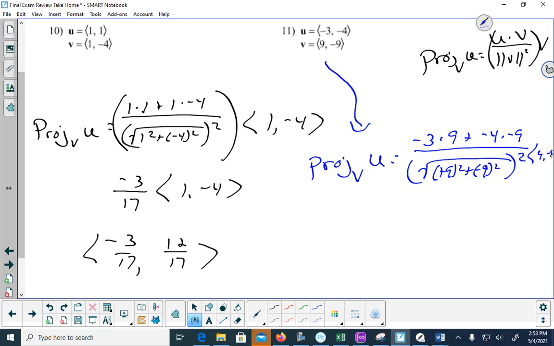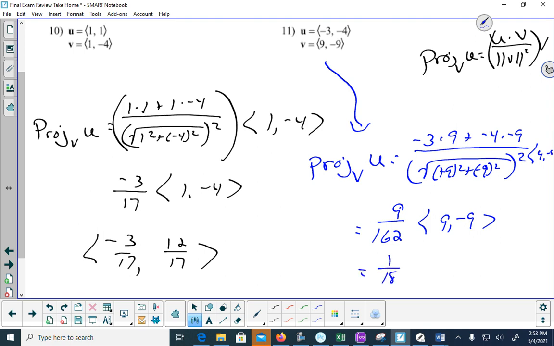So when I do that, I'm going to have negative 27 plus 36, so that will be 9. And then this will be 81 plus 81, so 162. And I'm going to multiply that by 9, negative 9. Well, this ends up being in lowest terms 1/18.